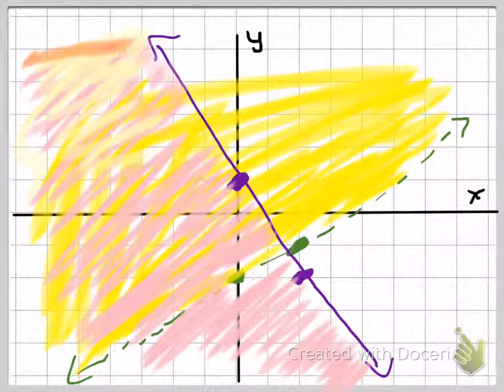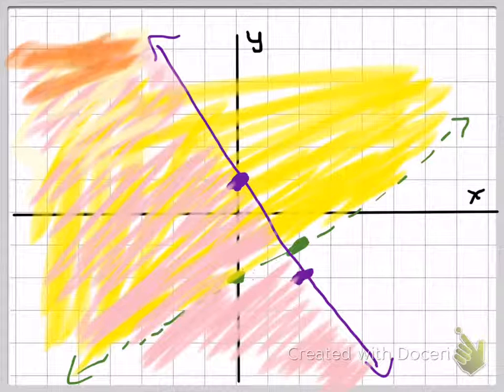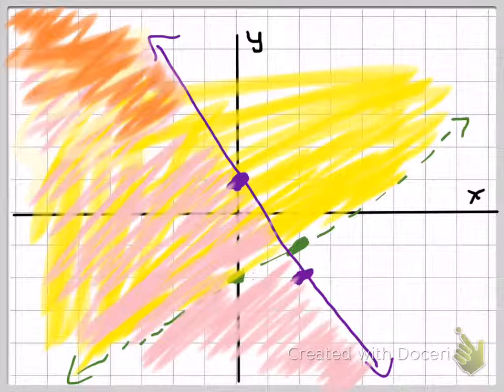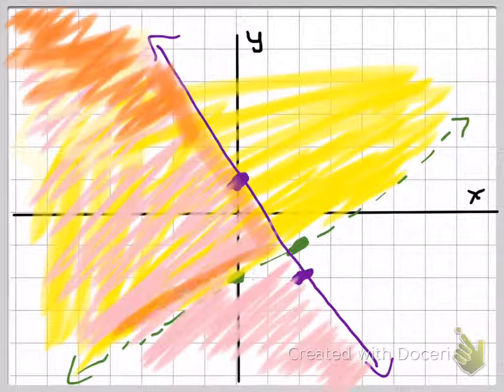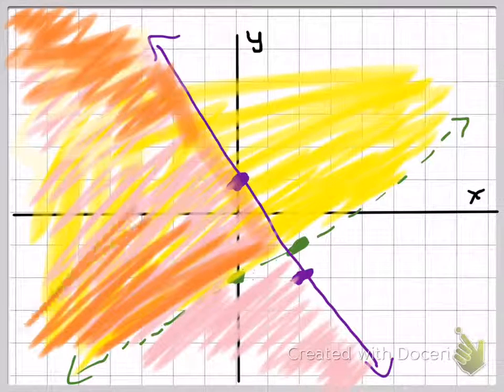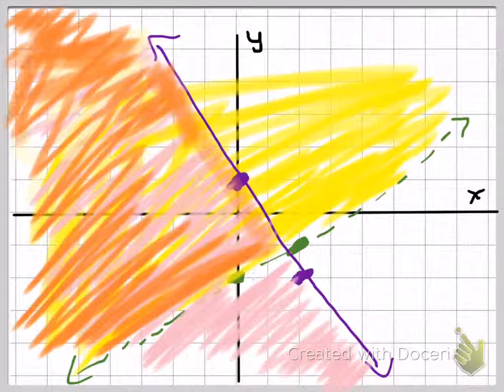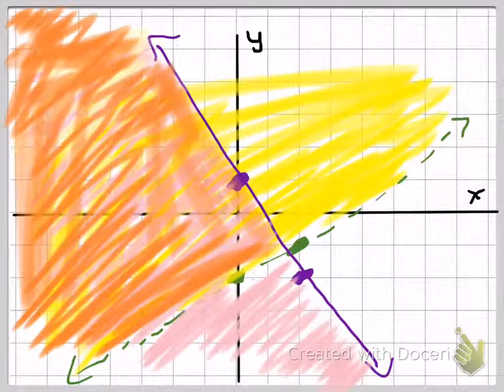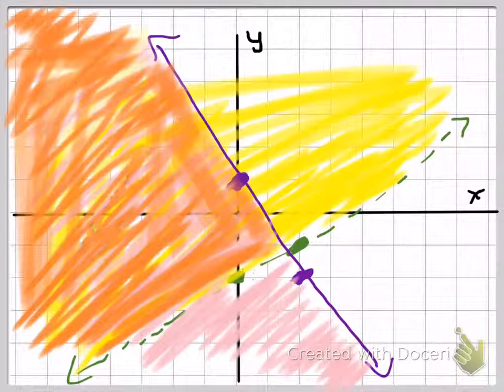That solution is anything starting or continuing on out here, all the way underneath this line, and above our green inequality. All this that I put in a darker orange color is where you're going to find your solution to the system of inequalities.